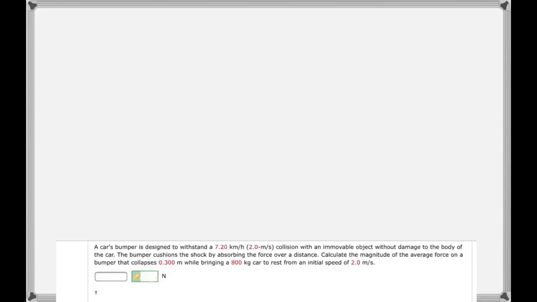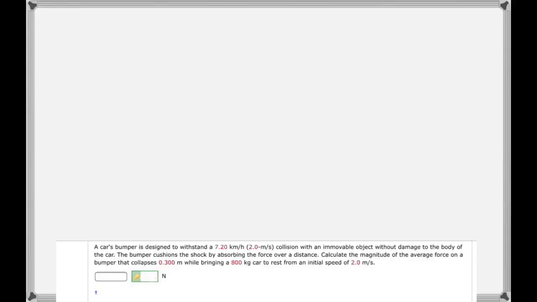In this question, a car's bumper is designed to withstand collisions, and you're asked to find the average force on a bumper in stopping a car which is initially moving at 2 meters per second. What really happens is the change in kinetic energy of the car is equal to the work done.